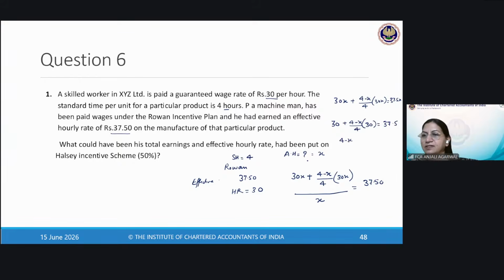So (4 minus X) upon 4 into 30, I can write as 7.5 is equal to 7.5, this 30 moves to the right side. 4 minus X is equal to 7.5 divided by 7.5, which is 1. 4 minus 1 is equal to X. So X is equal to 3. So he has done the work in 3 hours.